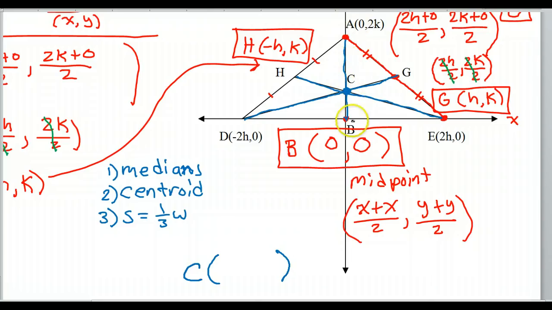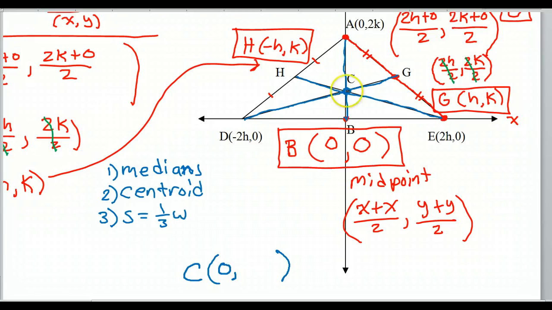Think about the fact that it's on the y-axis. Because point C is on the y-axis, the x-coordinate is going to be 0. So we know it's 0 comma something because it's on the y-axis. It's not left or right. It's right on the line, so that's a 0. So all we really need is the y value.